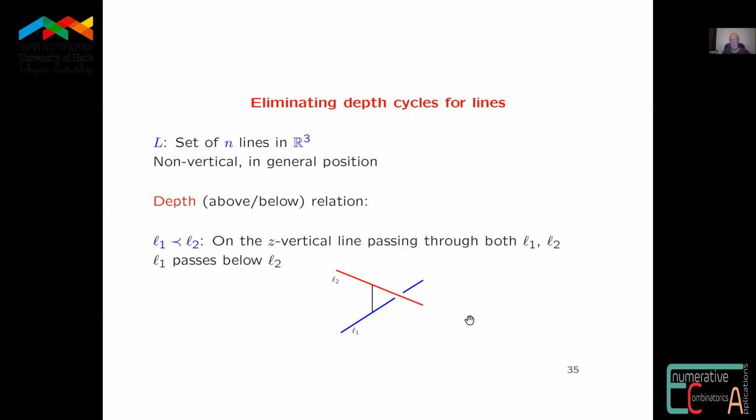Let's assume they are in general position and none of them is vertical. So every pair of lines has a unique vertical line that passes through both of them, like the one you see here. And you say that L1 precedes L2 in this relation if this vertical line meets L1 below the point where it meets L2, like here. So here L1 is below L2.